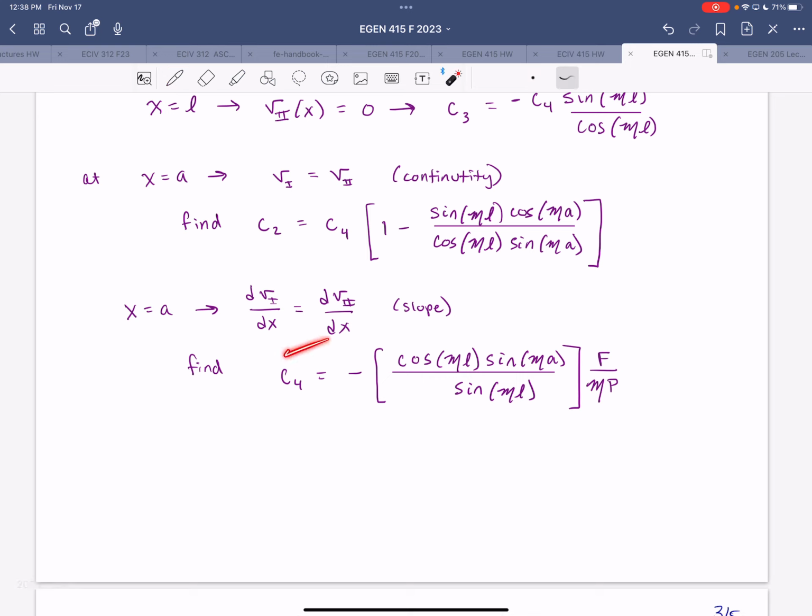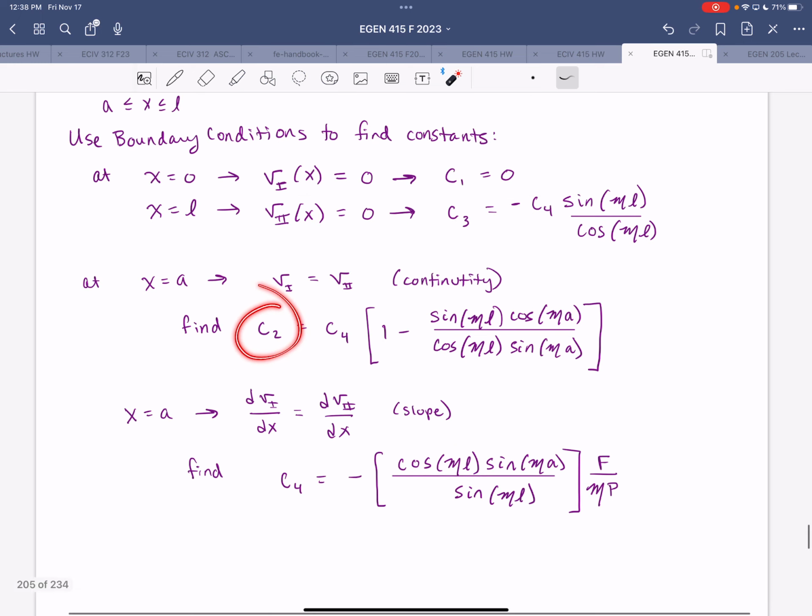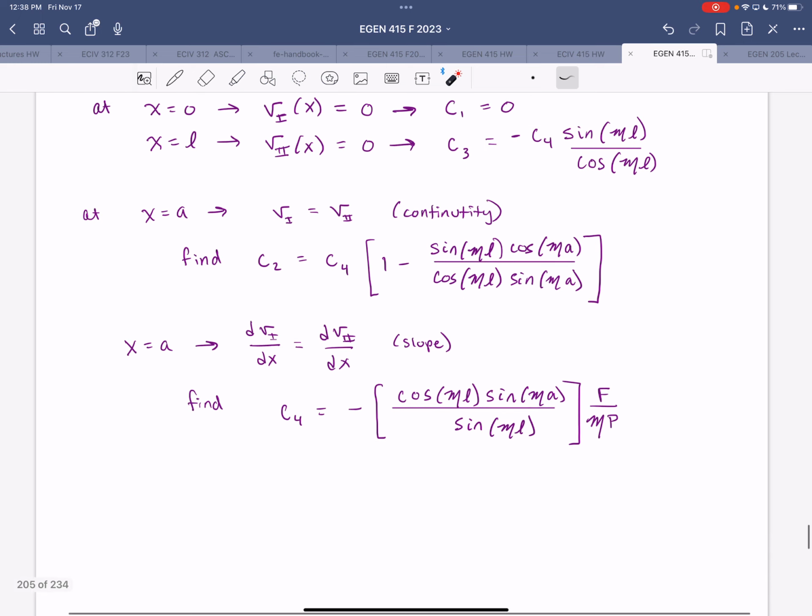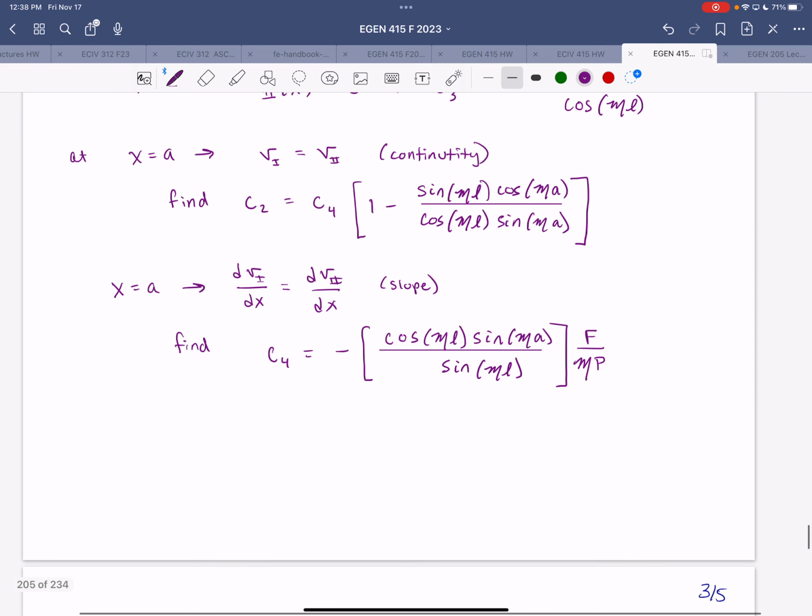So now that we know C4 in terms of mL, F, and P, we can go back and calculate C2 and C3 in terms of those values as well. So now we can have all those constants in terms of the applied loads and geometry.